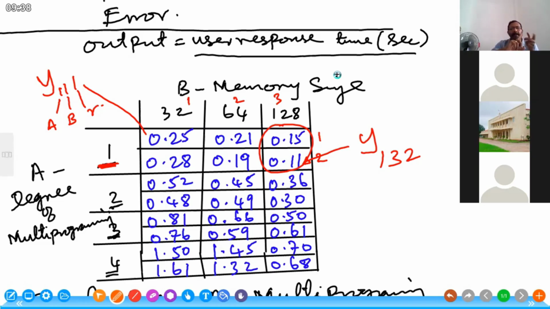Treatment effect, main effect of A, main effect of B, interaction, total effect, and the other total effect and the error component. We will find out all these values. You can continue. I will start, come in a couple of minutes.